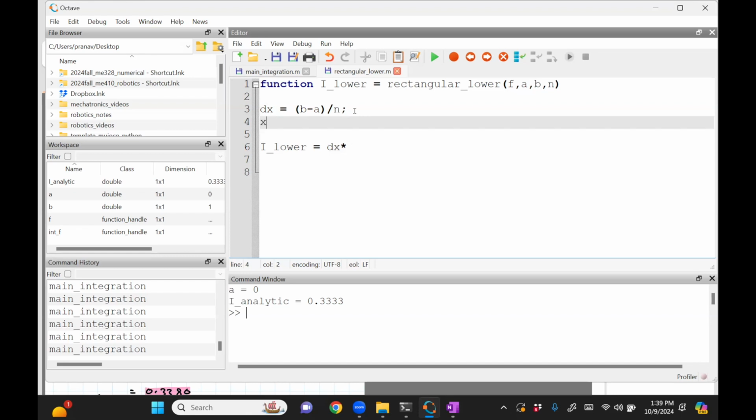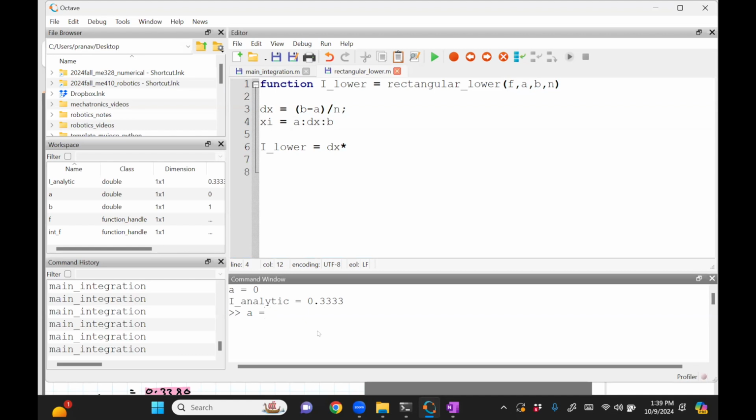So xi equals a plus i times dx, up to b. This will work.